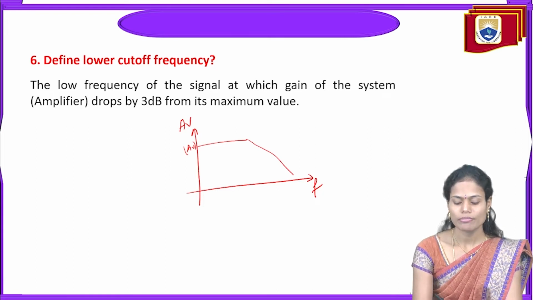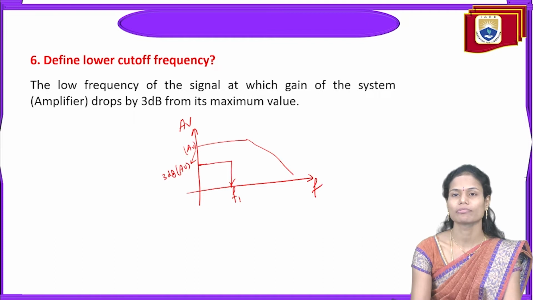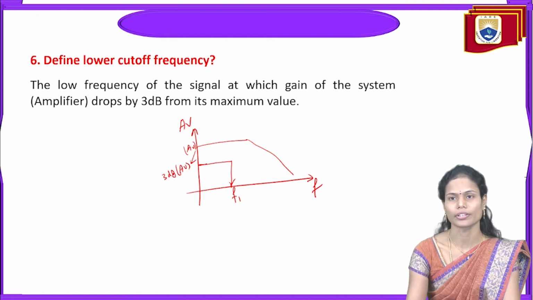The frequency at which the gain drops by 3 dB from its maximum value, suppose somewhere here, this particular frequency we call the lower cutoff frequency, FL or F1.